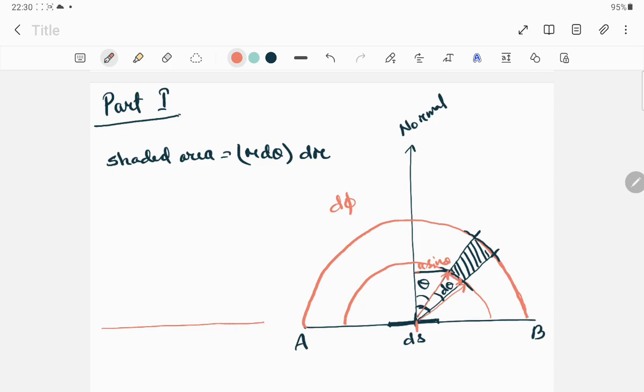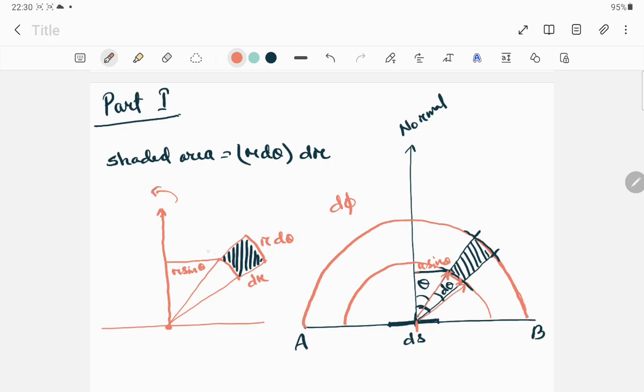for that I would like to draw another figure. Now this is our r sin theta, this is r d theta, this is dr, and this is the normal, and we are rotating the whole figure around this normal in this direction.